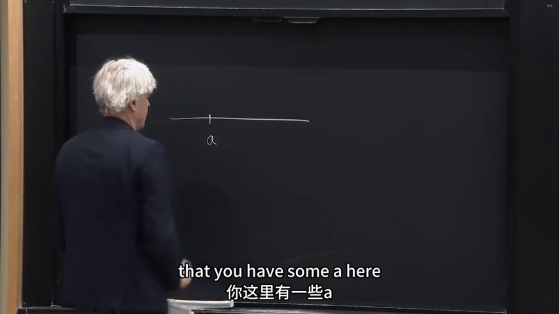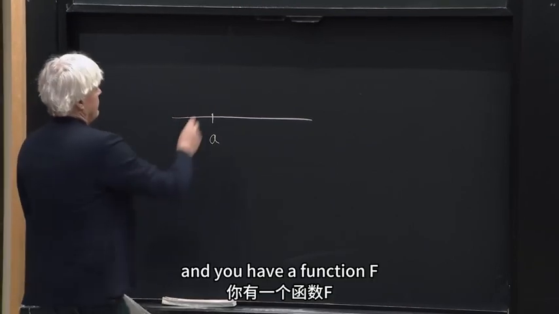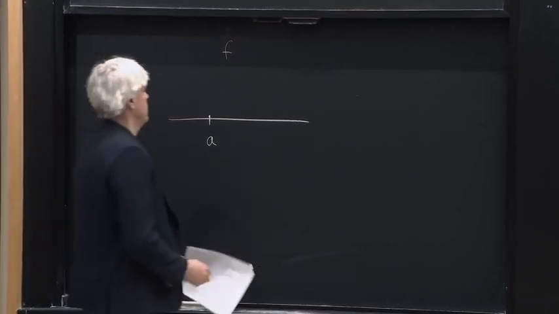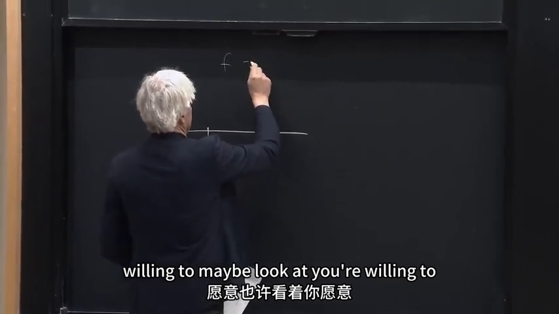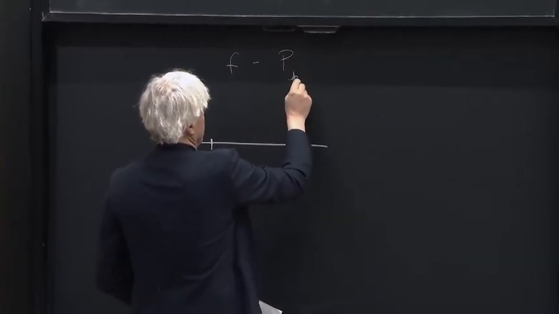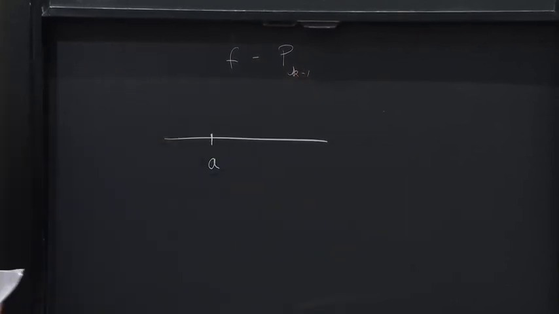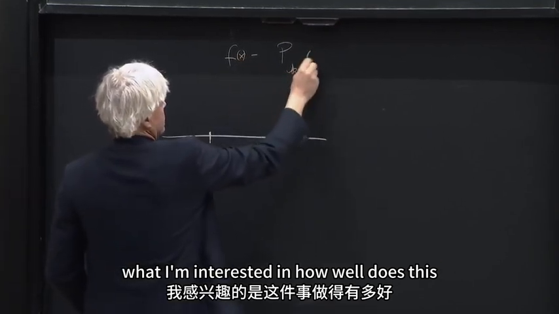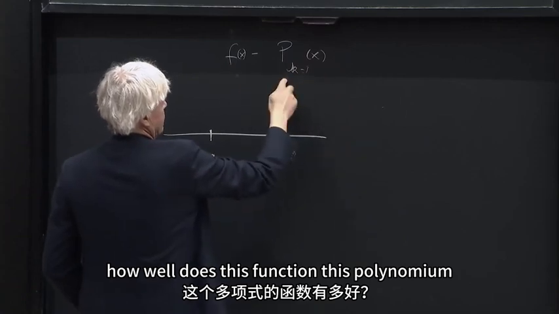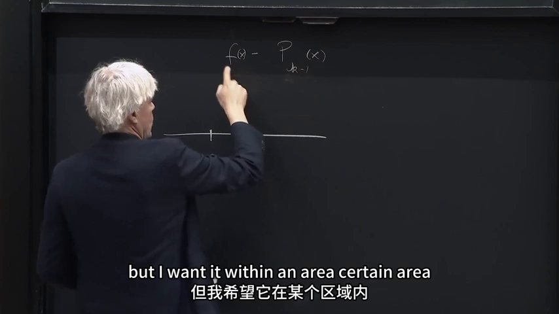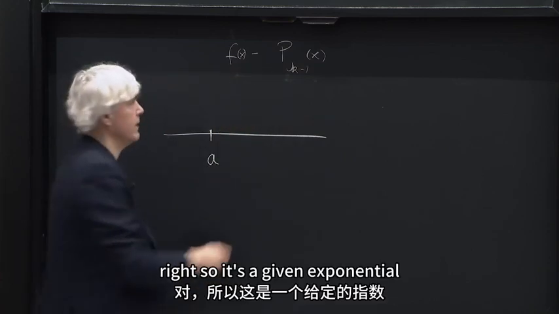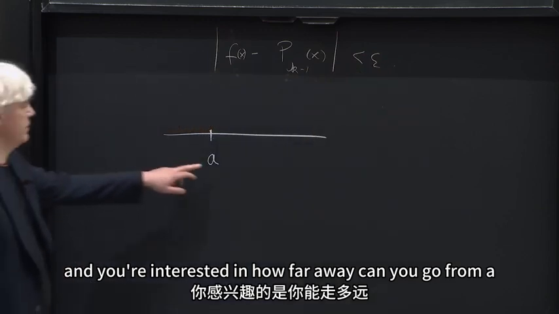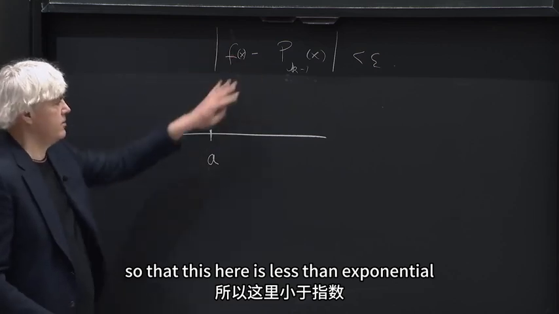You have some a here, and you have a function f, and you're willing to take some fixed large k, and then you're asking how well does this polynomial approximate this function, but I want it within a certain error. So there's a given epsilon, and you're interested in how far away can you go from a so that this here is less than epsilon.